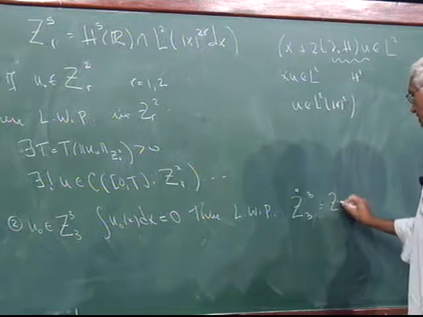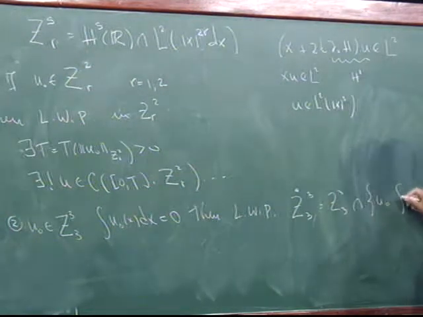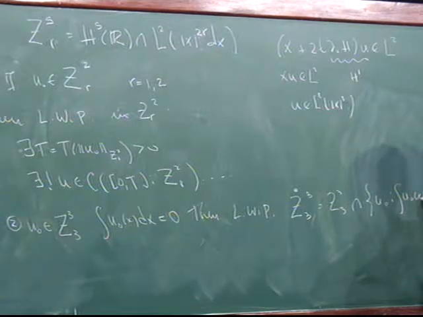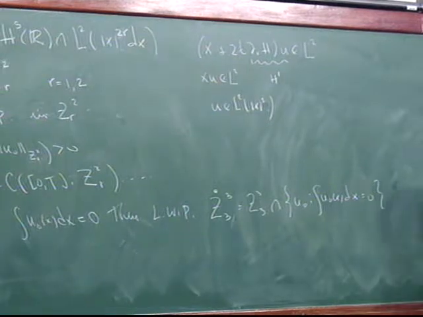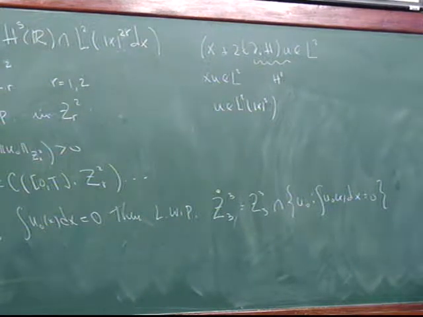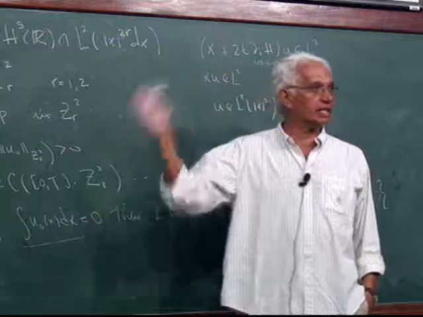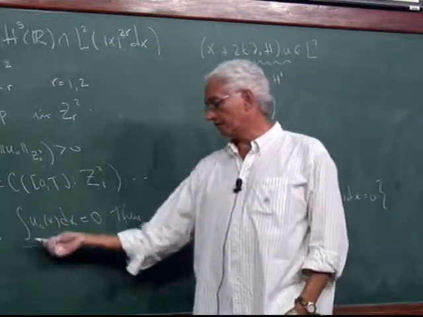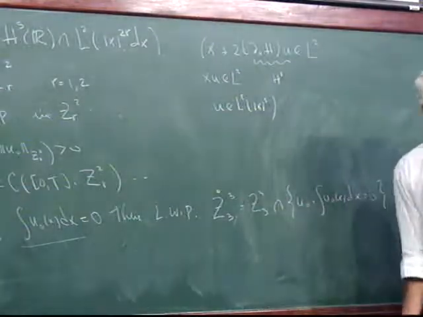That means this C33 intersected with the data that has mean value 0. And this is preserved by the flow. Everything is real valued. This is preserved by the flow. Then you have a solution that starts there, he proves that you stay there.